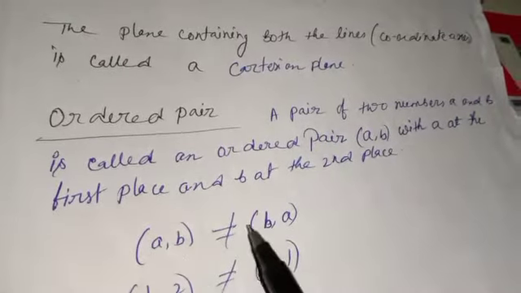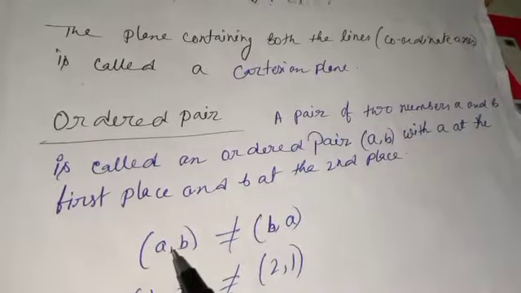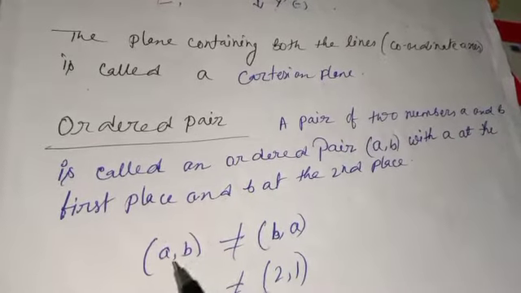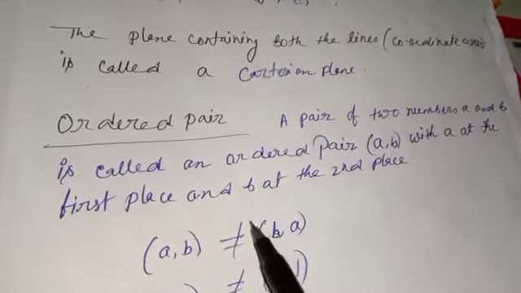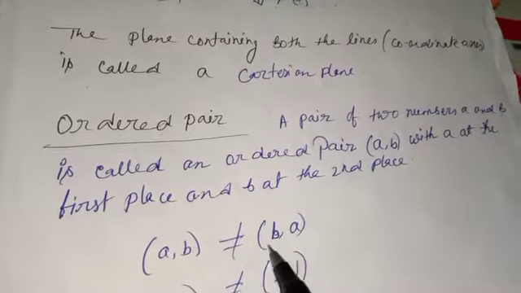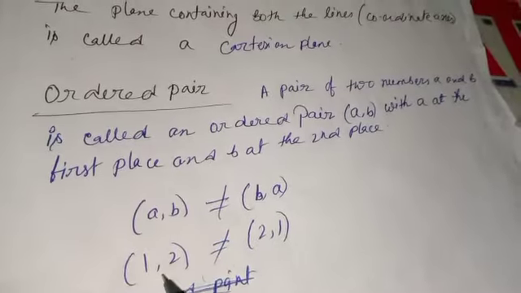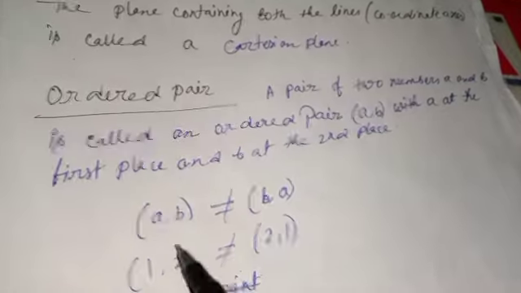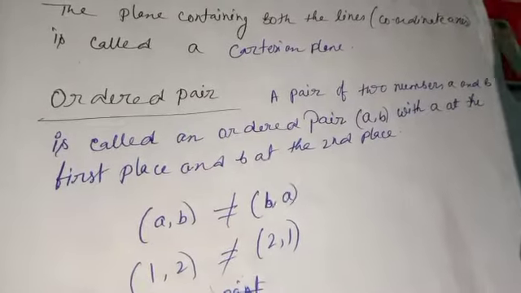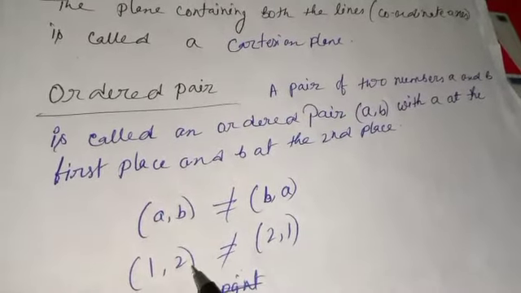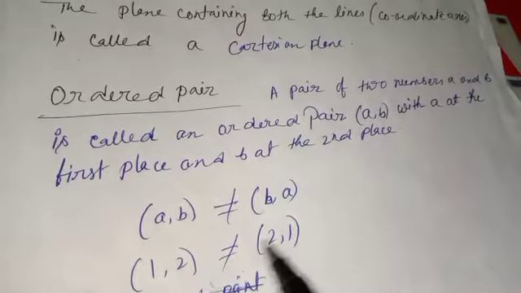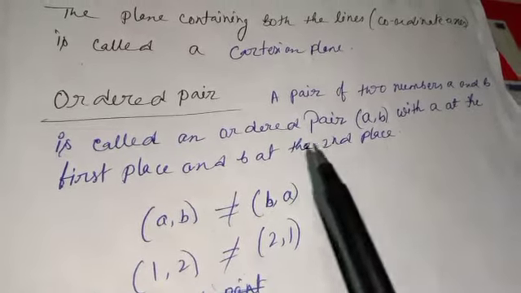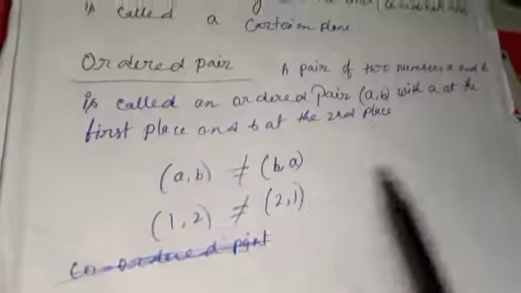But don't forget that (a, b) is not equal to (b, a). For example, (1, 2) is not equal to (2, 1). Both are positive here, but positive or negative doesn't matter; the ordered pair will not be changed. Clear? Okay. So all of you understood the Cartesian plane and the ordered pair.